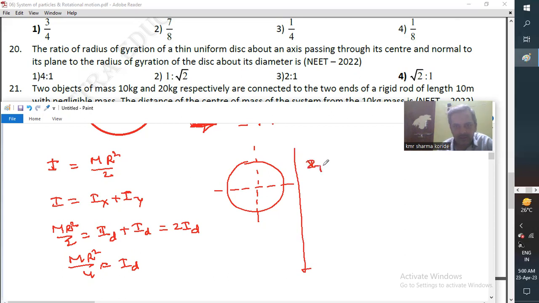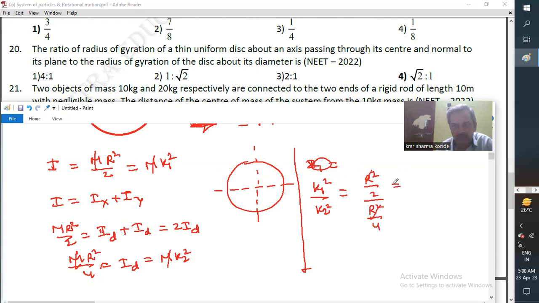So now the question is the ratio. First case is MR square by 2. The question is radius of gyration, so you call this M k1 square and this M k2 square. M and M get cancelled. So k1 square by k2 square: k1 square is R square by 2, k2 square is R square by 4.